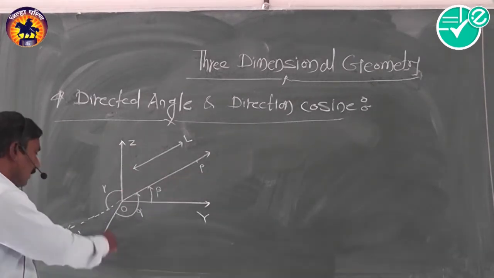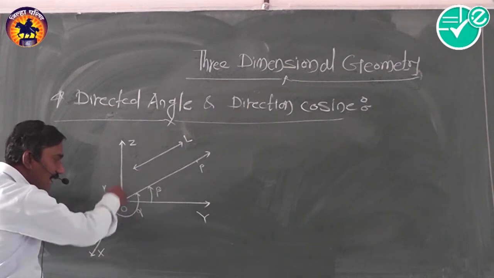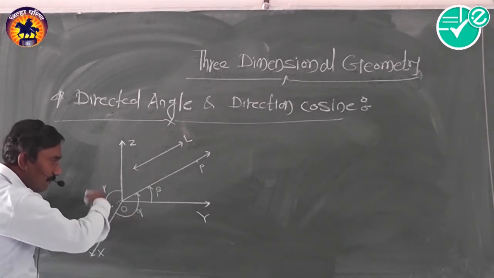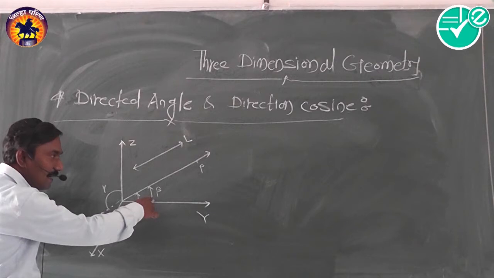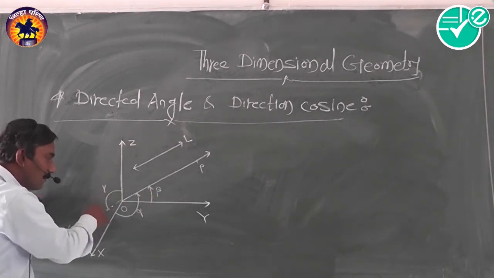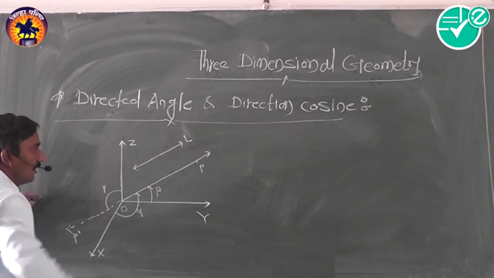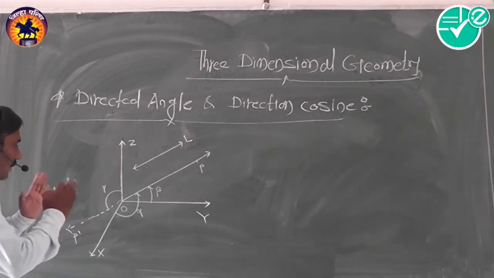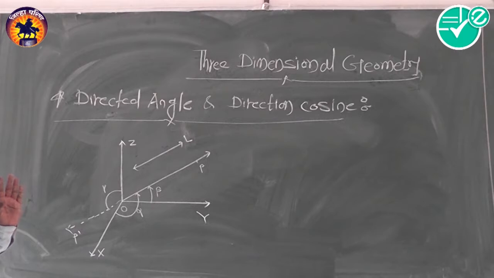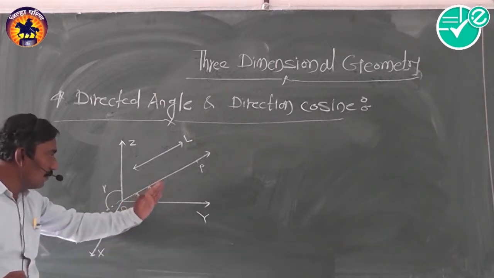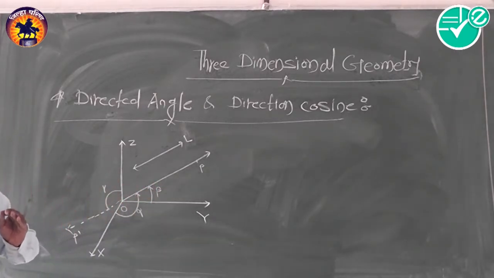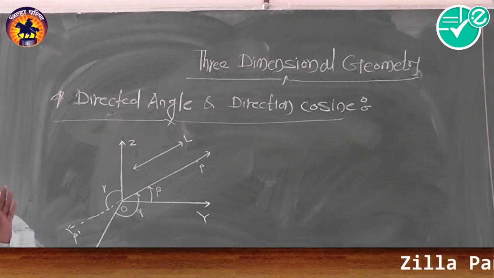So here OP line creates the angle alpha with x axis, beta with y axis, gamma with z axis. So this line creates three angles: alpha, beta, gamma. Those angles are called directed angles.